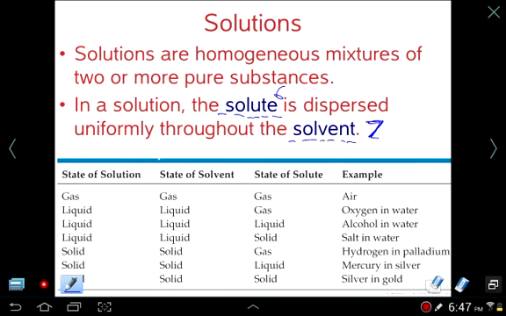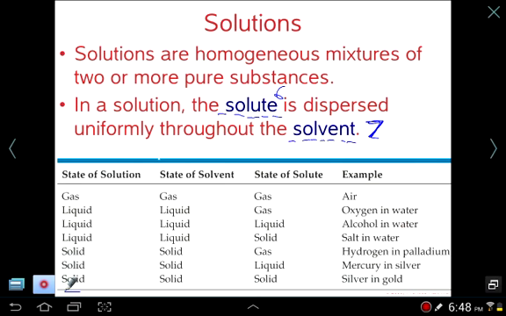Now, solutions don't have to be simply a liquid and a solid. In fact, you can have two gases. Both the solvent and the solute could be gases. An example of this is the air around us. You could have two liquids mixed together. This is alcohol and water, for example.